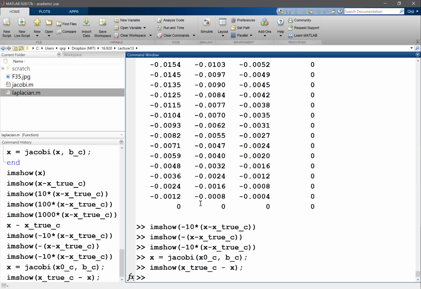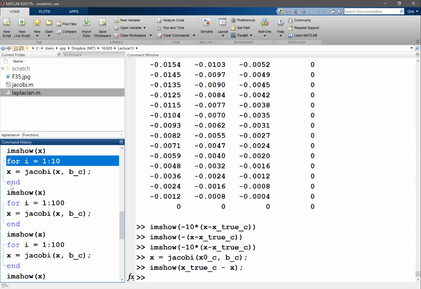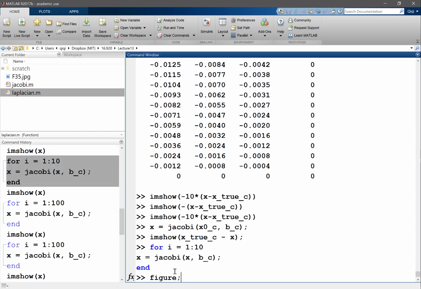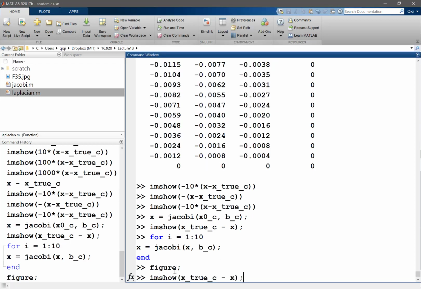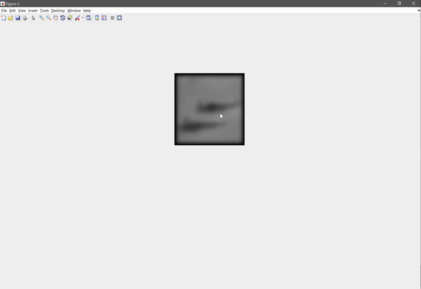Then if we perform 10 iterations and make another figure to show the solution error again, figure 2 is the new solution error. Compared to this, it's a smoothed version of the original solution error. So when you apply the Jacobi iteration again and again, the error becomes smoother and smoother.